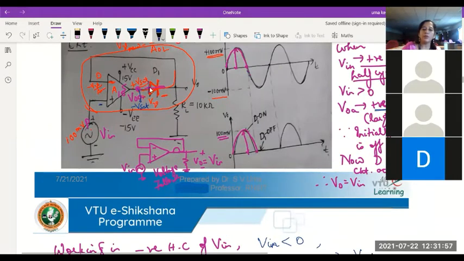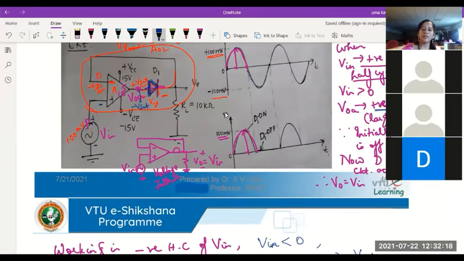Now, what will happen to this diode then? There is a diode here with a large negative voltage at its anode, and the cathode is connected here. So the cathode voltage will almost be the same as the input voltage. We remember the principle of virtual short.